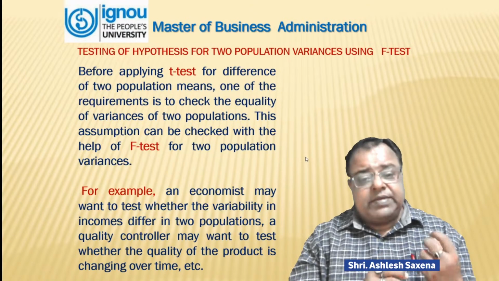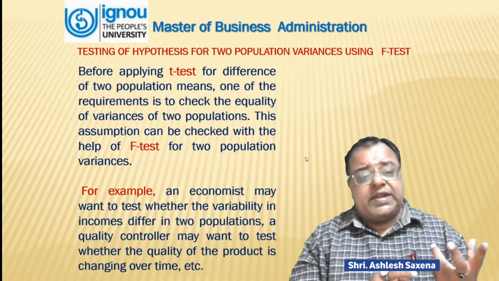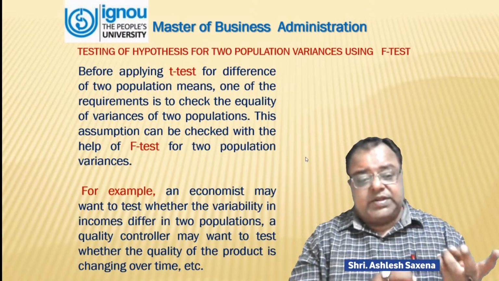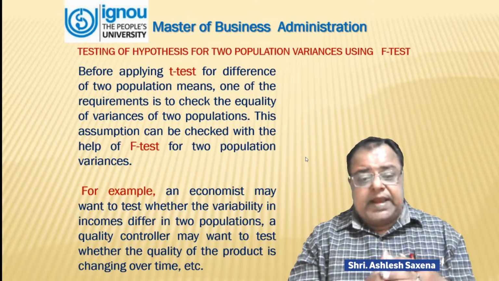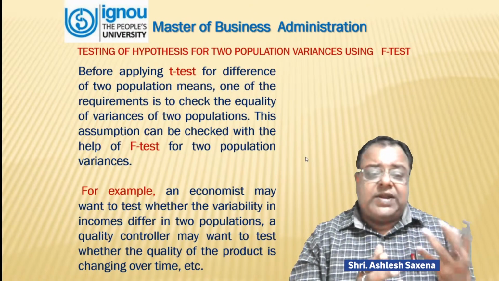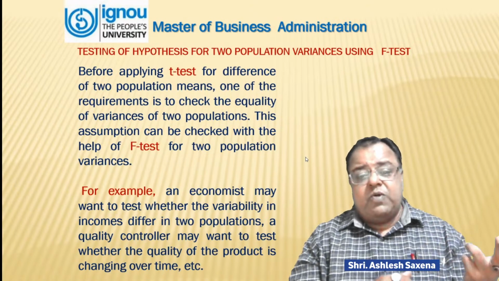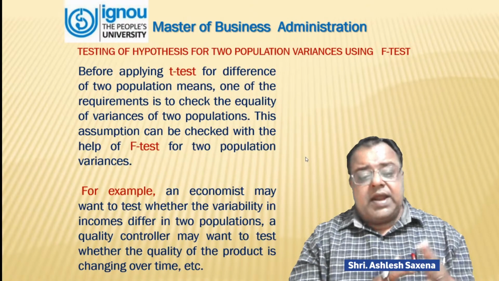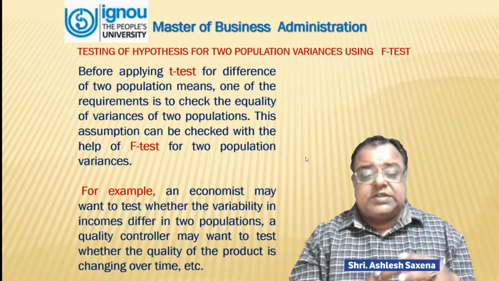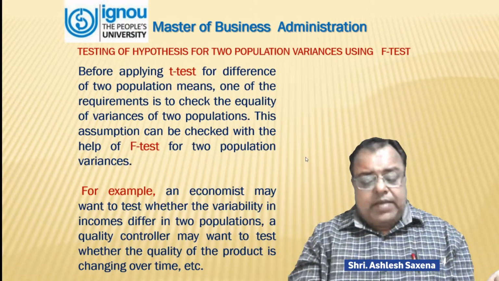This assumption can be checked with the help of the F-test for two population variances. For example, an economist may want to test whether the variability in income differs in two populations. A quality controller may want to test whether the quality of the product is changing over time, etc.